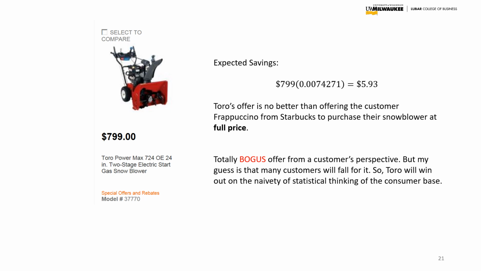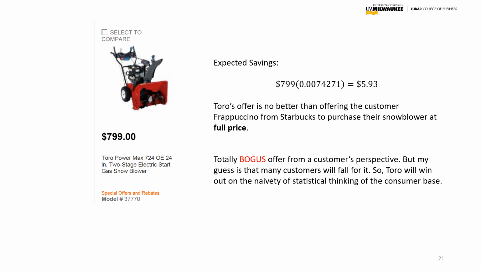Translating the 0.74271% savings to dollars for a $7.99 snowblower would be $5.93 expected savings. Let me repeat this. $5.93.